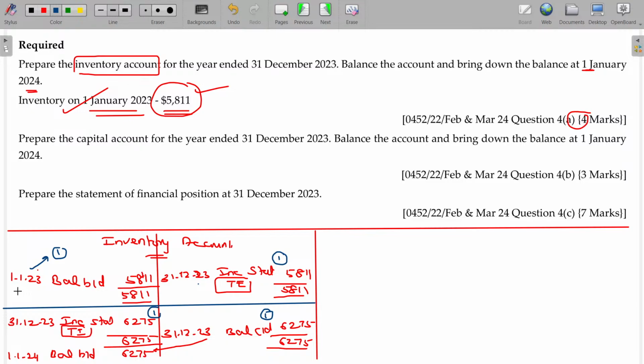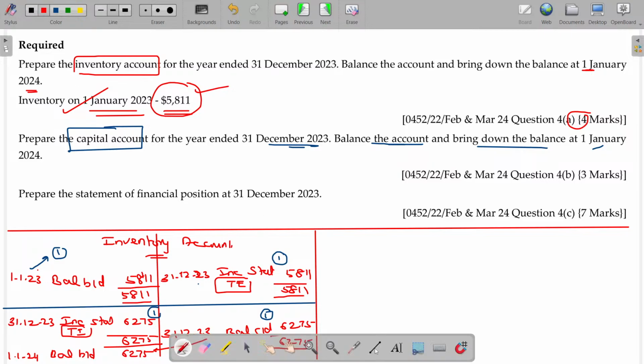Okay. Now let's move on to the next one. Prepare capital account. Prepare the capital account for the year ended, balance the account and bring down the balance at 1st January 2024. I am going to solve that now. Capital account.